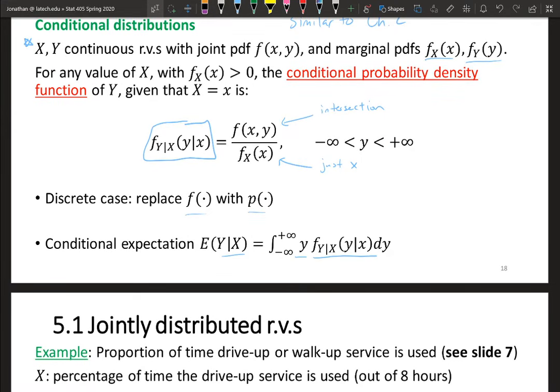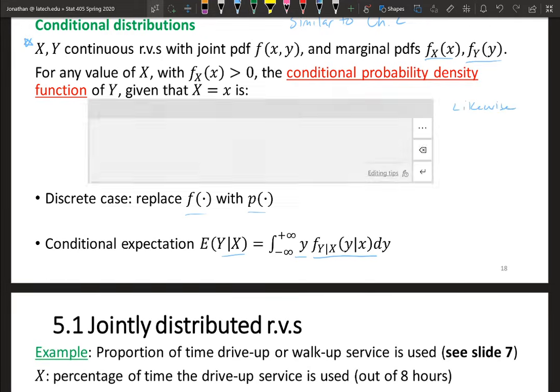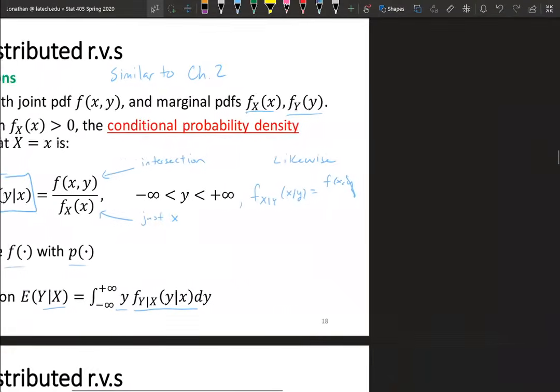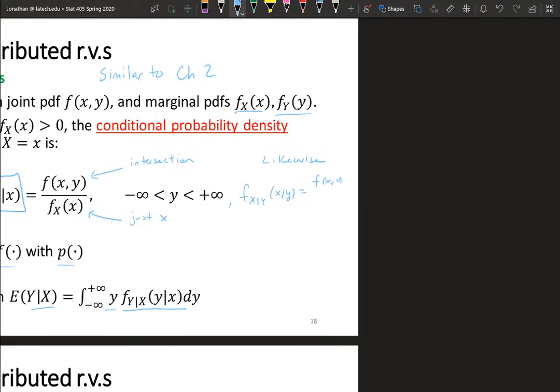Likewise, f sub x given y is equal to f of xy over marginal f sub y of y, and expected value of x given y is equal to the integral from minus infinity to infinity of x times f sub x given y dx.